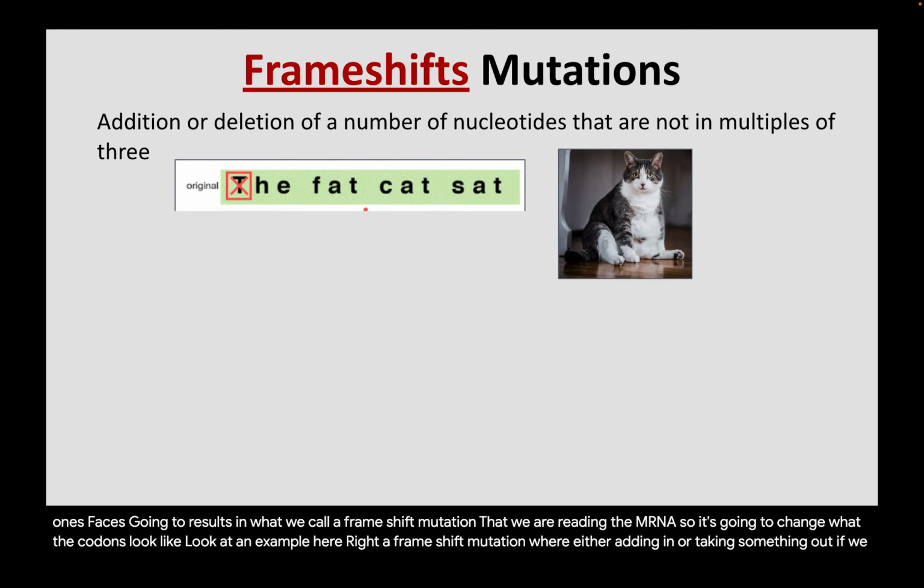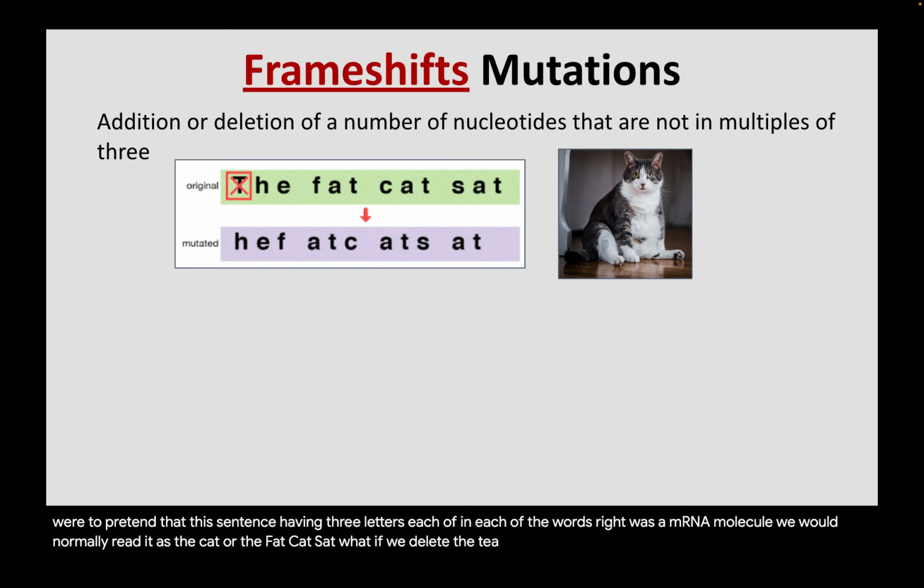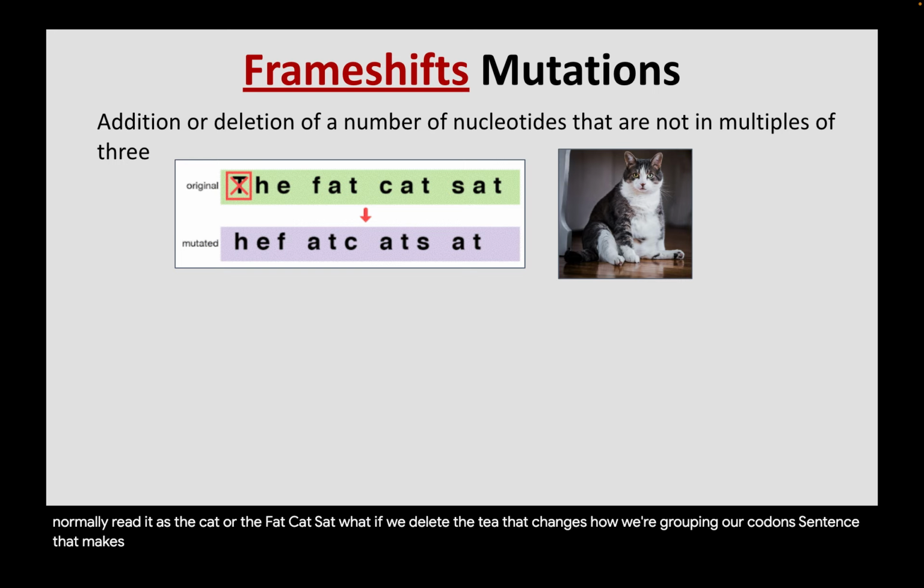If we were to pretend that this sentence, having 3 letters in each of the words, was an mRNA molecule, we would normally read it as the fat cat sat. But if we delete the T, that changes how we're grouping our codons, how we're grouping our sets of 3s. So now we have a sentence that makes absolutely no sense. We're completely changing it around.